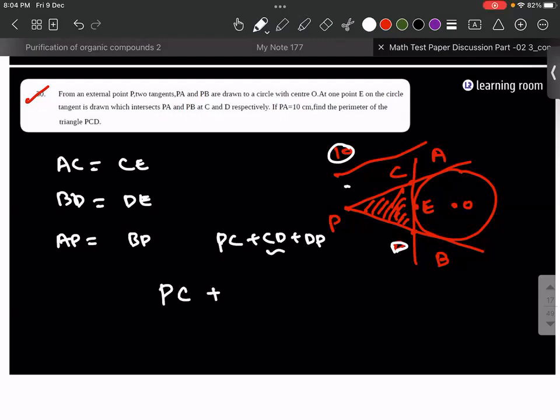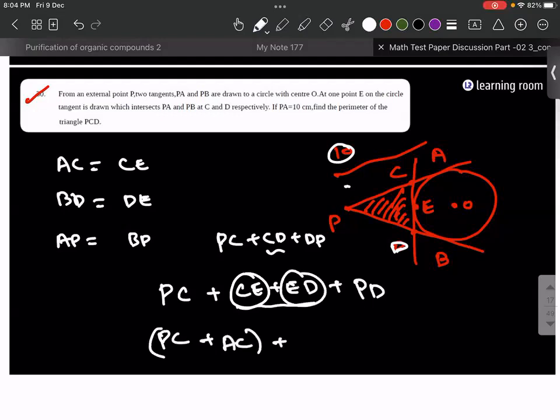In the first two steps, we'll substitute the values of CE and DE as AC and BD. So we get PC plus AC plus BD plus PD, which will be AP plus BP, which is 10 plus 10, which will be 20.